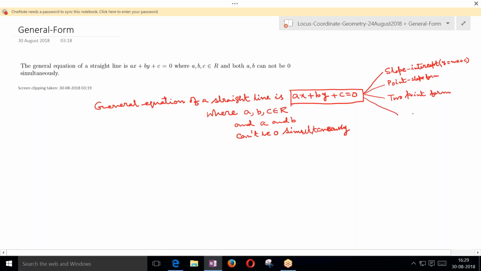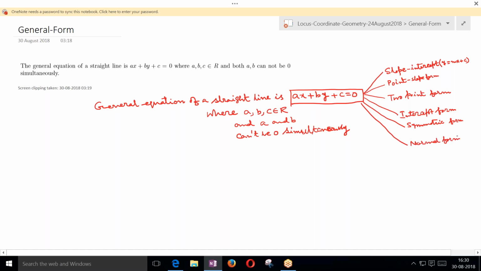From here you can make the intercept form. From here you can make the symmetric form. And from here you can also make the normal form.